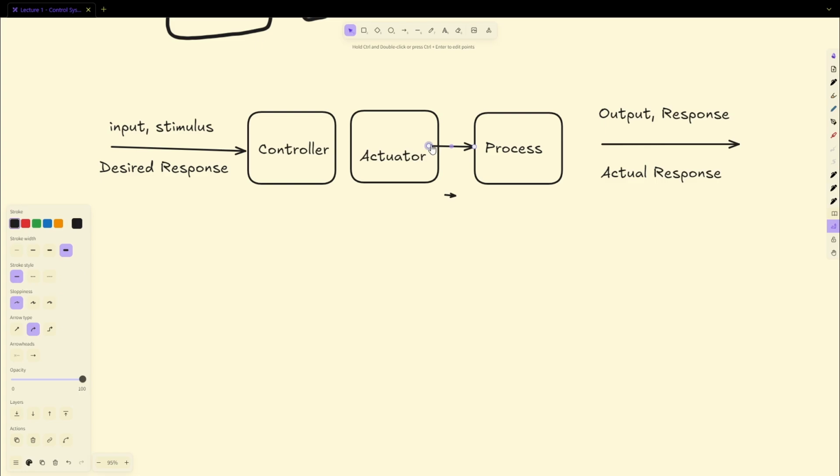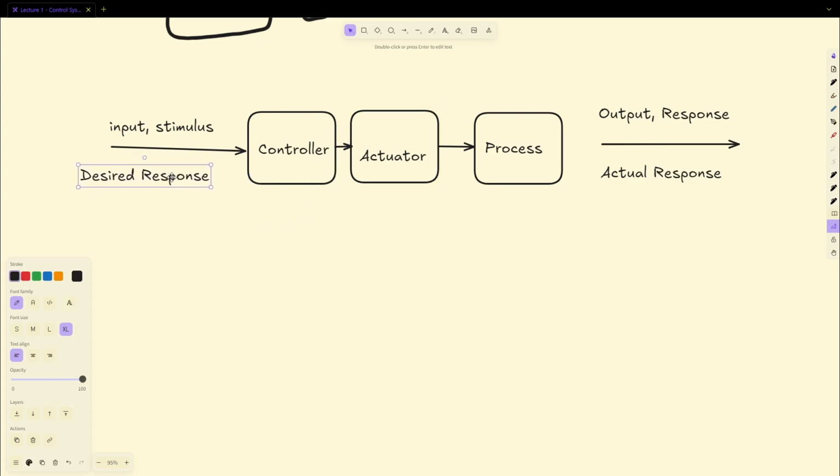Okay. Now, in a closed loop system, we have something that we can use to change the error, or to change the system response to give us our desired response. We want this desired response.